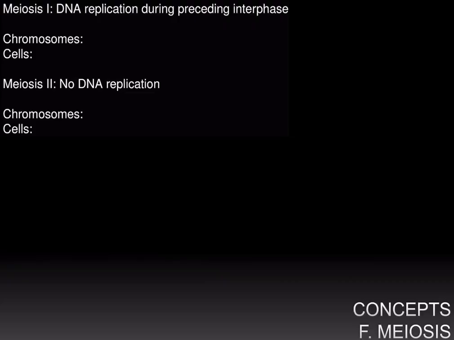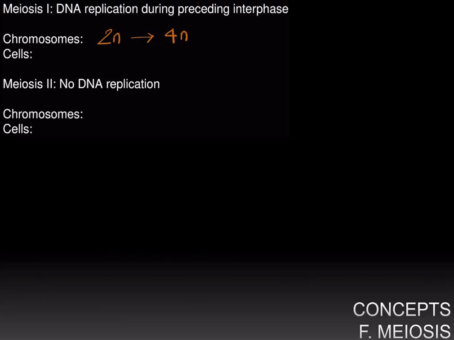And therefore, for a diploid organism, if you started out with 2n chromosomes, where n is the haploid number of chromosomes, you will end up at the start of meiosis, or start of M phase, with 4n chromosomes.